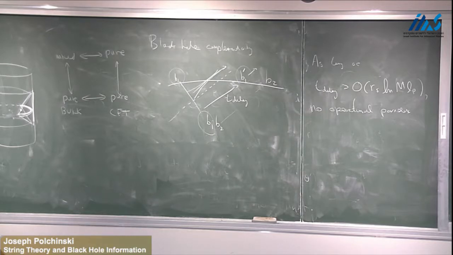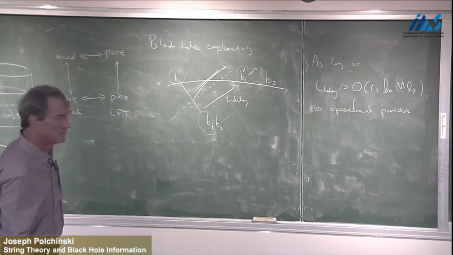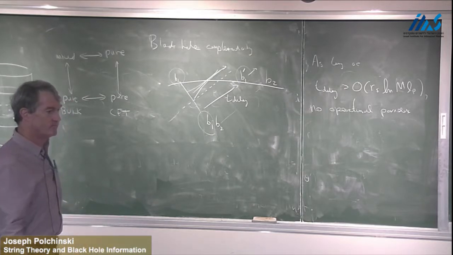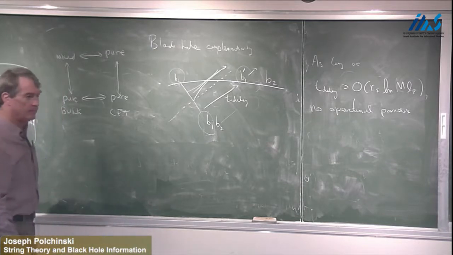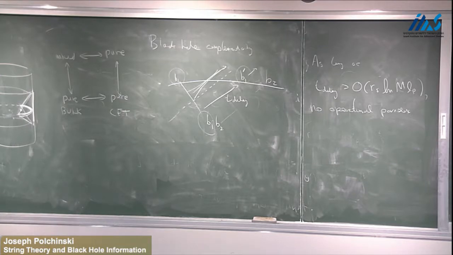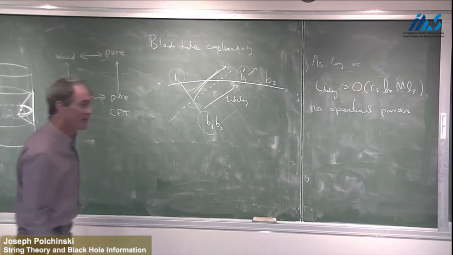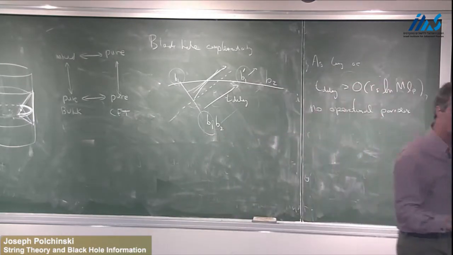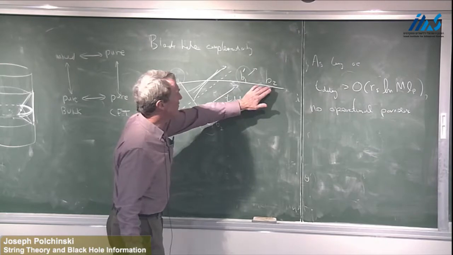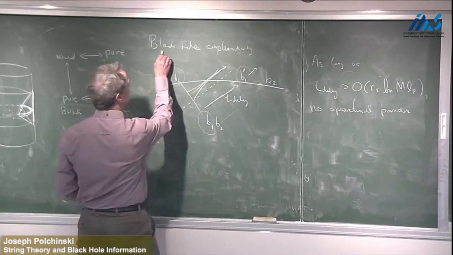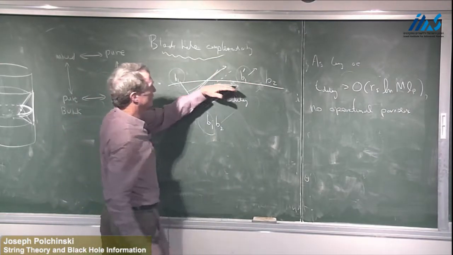You can always draw a spacelike hypersurface where you put everything. I agree, I drew it. So the singularity is up here, and this spacelike surface does not hit the singularity.